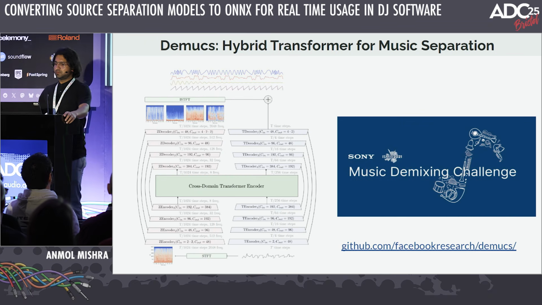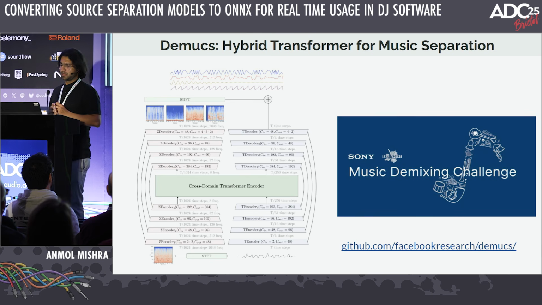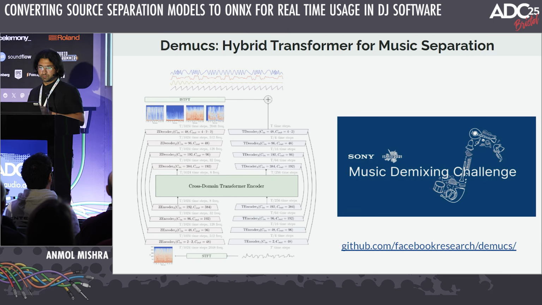Now I'm going to talk about the Demucs model, the very specific model that we worked on in this project. Demucs was a model released by Facebook AI Research at that time, now Meta AI, which came out as one of the best models in the original Sony Music Demixing Challenge from 2021.